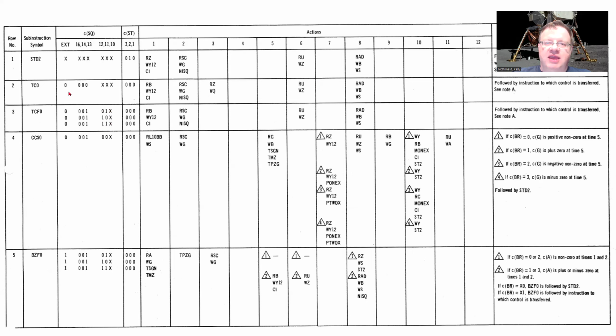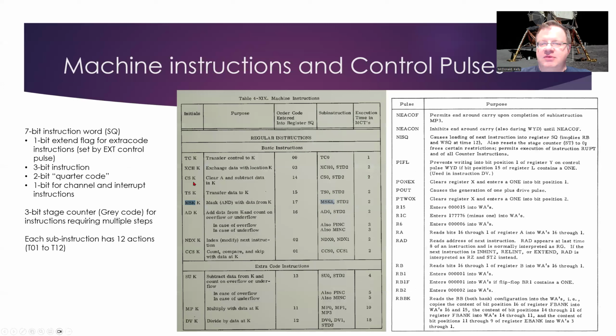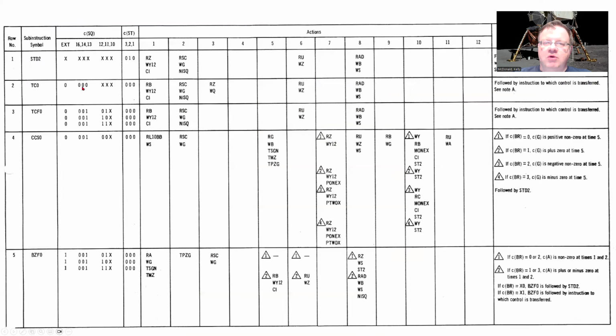Now, in this case, TC0. If we just go back, this is our TC. So we needed the full 12 bits of data for a memory address. You can see here we're only using 000, which is the 3 bits that we have as part of our sequence register.